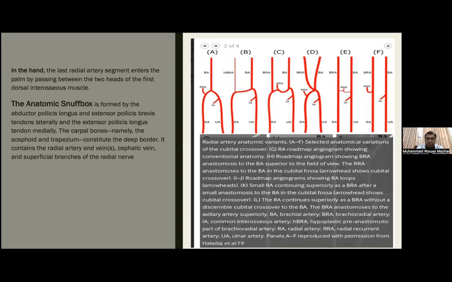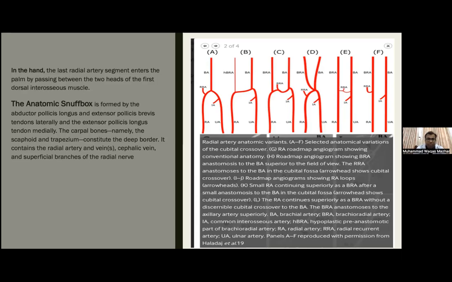The carpal bones, namely the scaphoid and trapezium, constitute a deep border. It contains the radial artery and vein, cephalic vein, and superficial branches of the radial nerve. These are the anatomical findings of the radial artery, different anatomical aspects of the radial artery and its course. I cannot go into the details because there's a long detail in it.